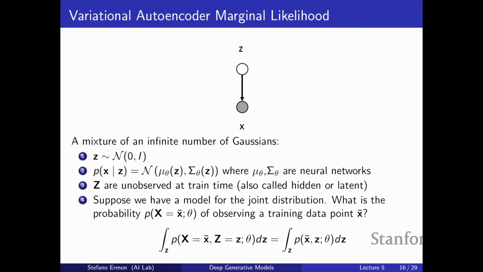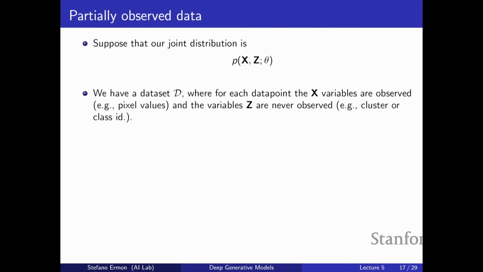That can also work. The setting we're going to consider is one where in the data set, the x variables are always observed. You could also think about a setting where you have some missing data, and some of the x variables are missing themselves.